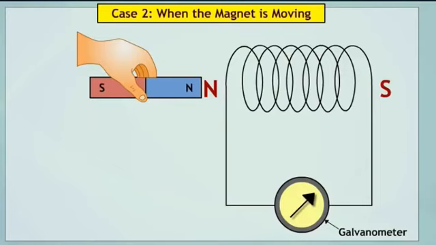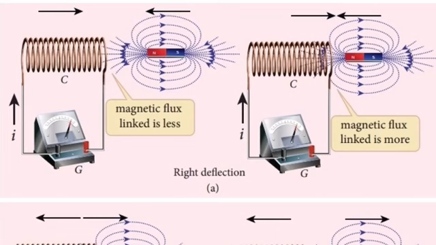When the bar magnet and the coil approach each other, the magnetic flux linked with the coil increases. This increase in magnetic flux induces an EMF, electromotive force, and hence an electric current flows in the circuit in one direction.